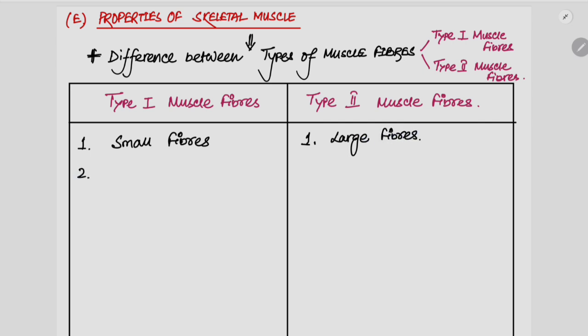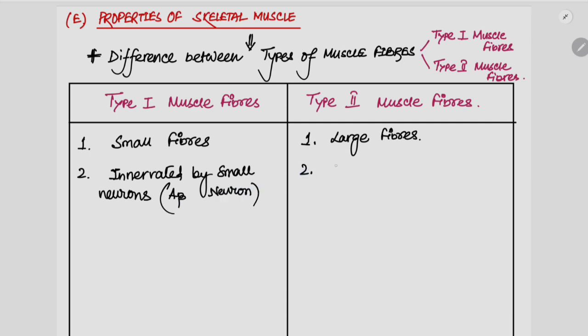Next, type 1 muscle fibers are innervated by small neurons, like a beta neuron, whereas type 2 muscle fibers are innervated by large neurons, like alpha neurons.